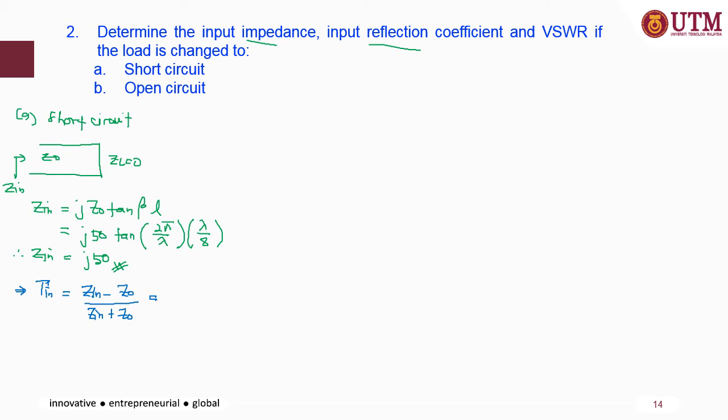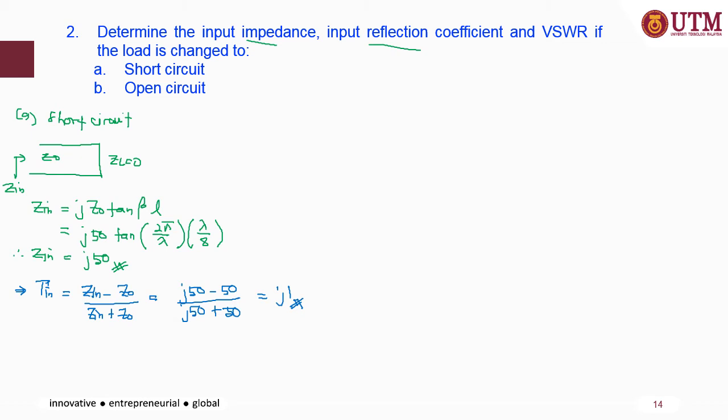So your Zin is from your calculated results before, so it's j50 minus your Z0 equal to 50 divided by j50 plus 50. So you should get your input reflection coefficient equal to j1.